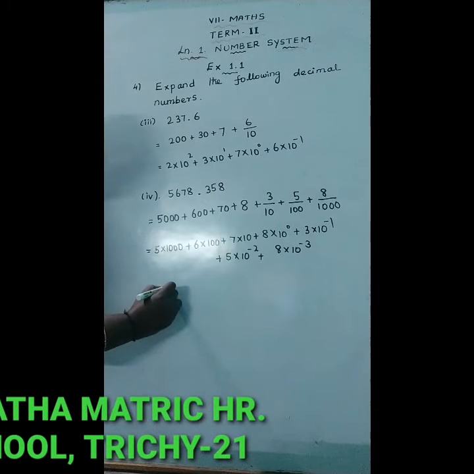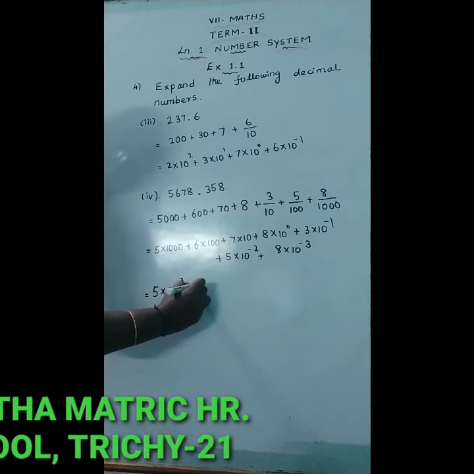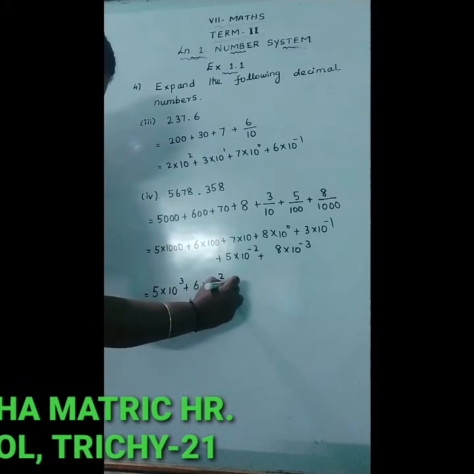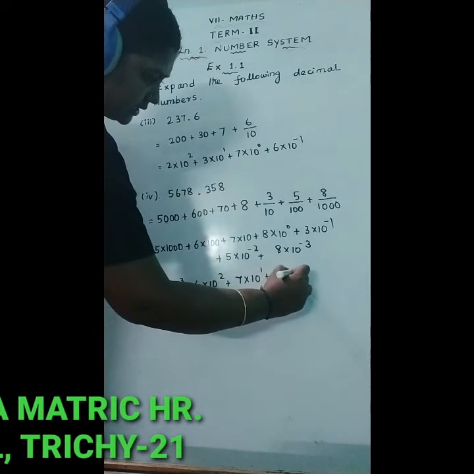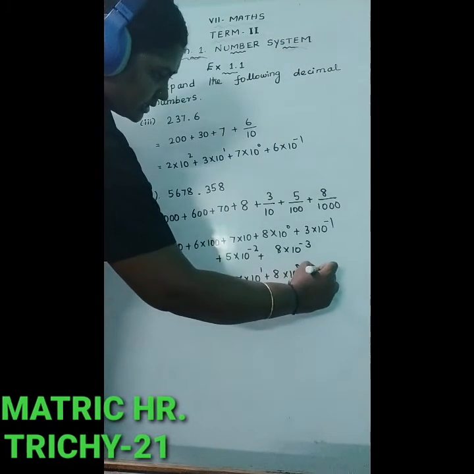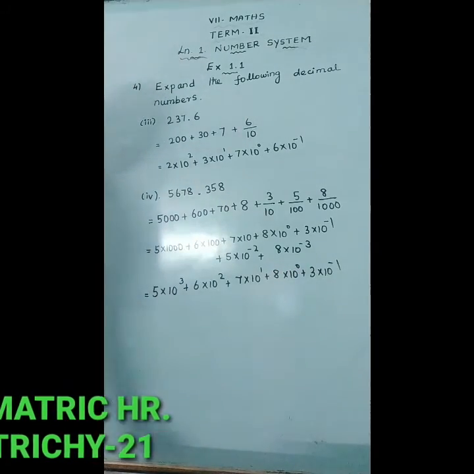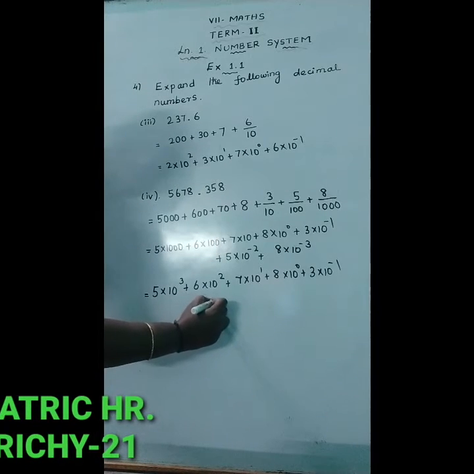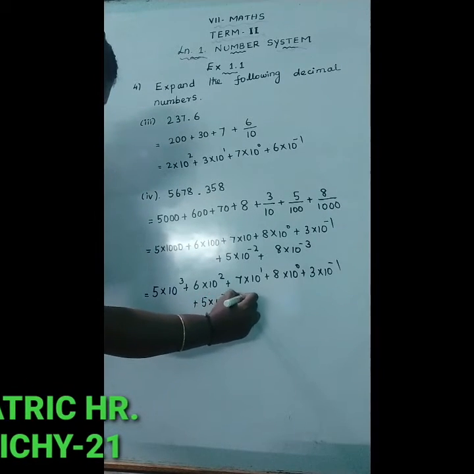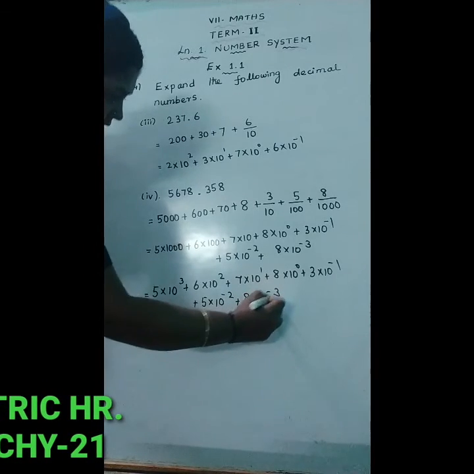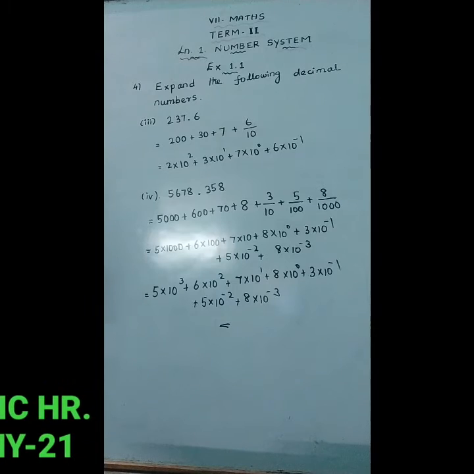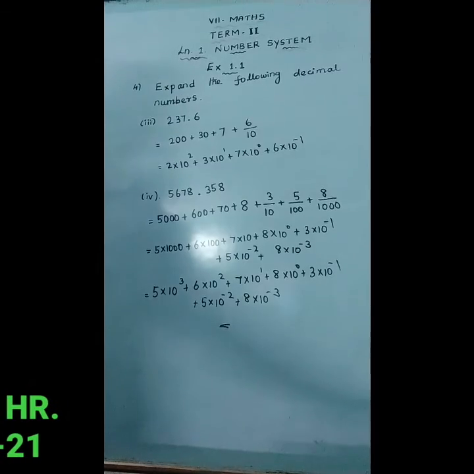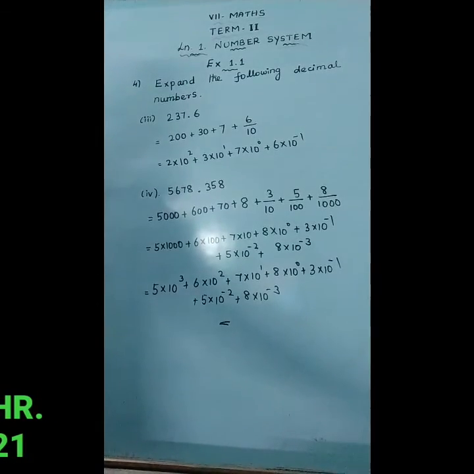So 5 into 10 power 3 plus 6 into 10 power 2 plus 7 into 10 power 1 plus 8 into 10 power 0 plus 3 into 10 power minus 1 plus 5 into 10 power minus 2 plus 8 into 10 power minus 3. So this is the expanded form of the decimal number 5678.358. This is the solution for the fourth subdivision.